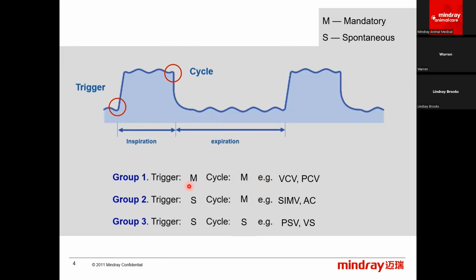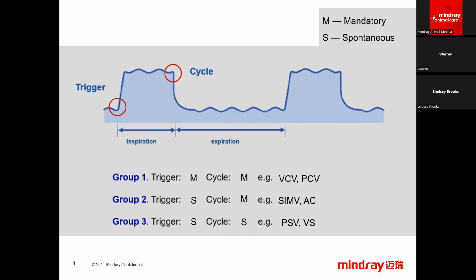What that means is the machine is going to determine when the breath begins, so when inspiration begins, as well as when exhalation begins. Some examples of these are volume control and pressure control. These are good for patients that are very sick or maybe have a paralytic on board.